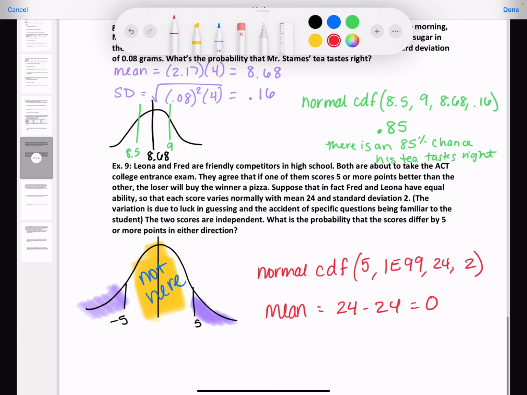And then the standard deviation is 2, but we have to change it to variance to add them together, and we always add variance. So it'd be the square root of 2 squared plus 2 squared, which is the square root of 8, or approximately 2.83. So we would need to switch these numbers to that, and then do it.